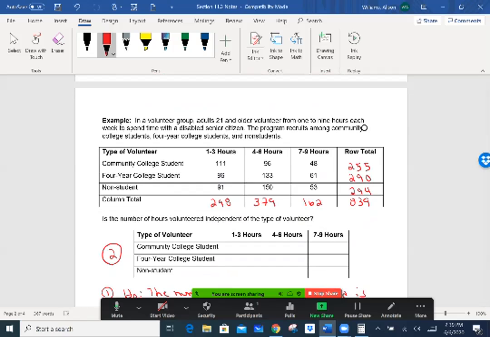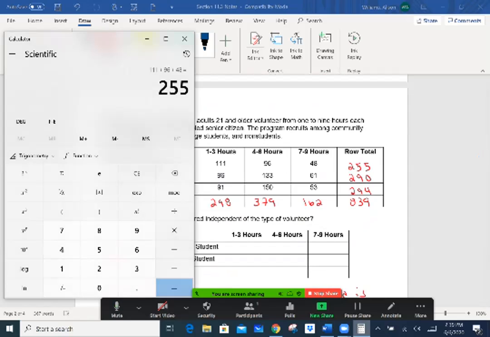So the row total would be 255, the column total would be 298, and the table total 839. So I'm going to do 255 times 298, and then divide that by 839. And I get this decimal. I'm going to go to about 3 decimal places.